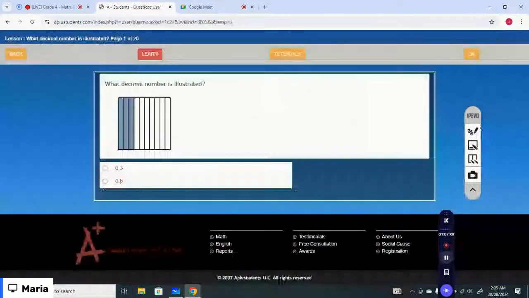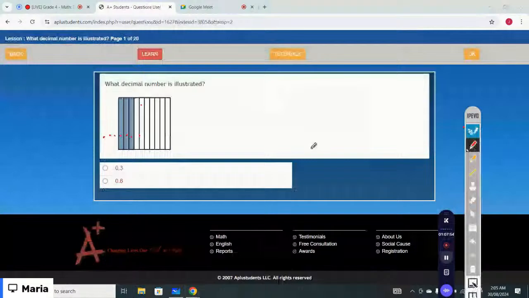What decimal number is illustrated? So let's just understand the model first. The model has 1, 2, 3, 4, 5, 6, 7, 8, 9, 10 lines, and 3 of them are colored. So how do you write them down?